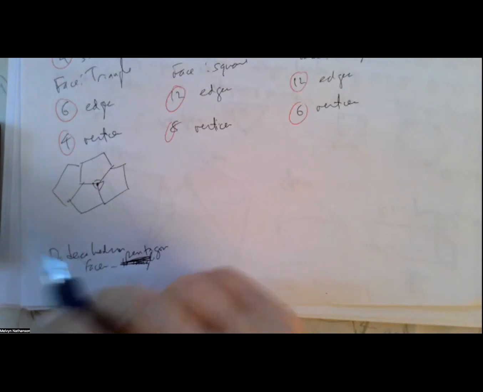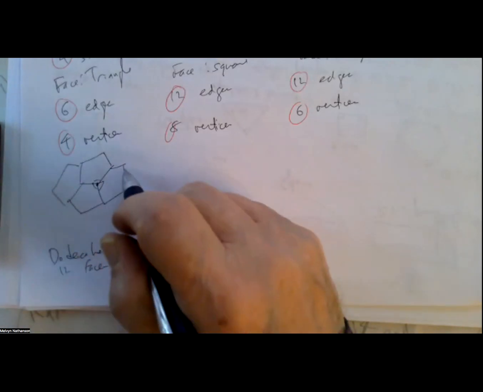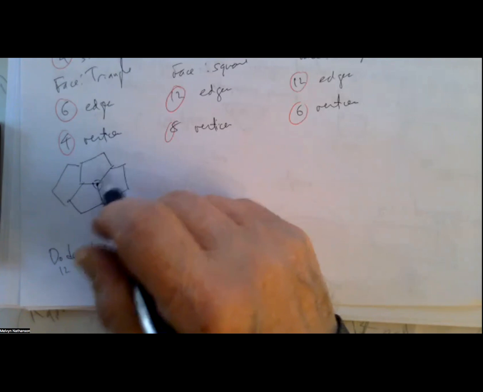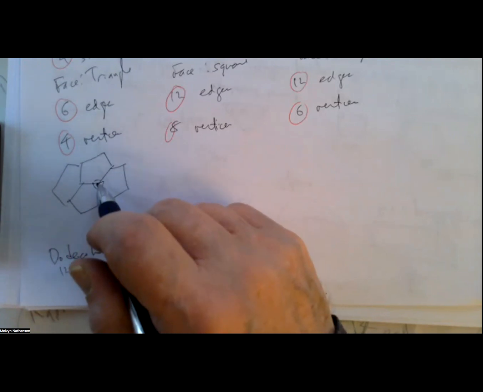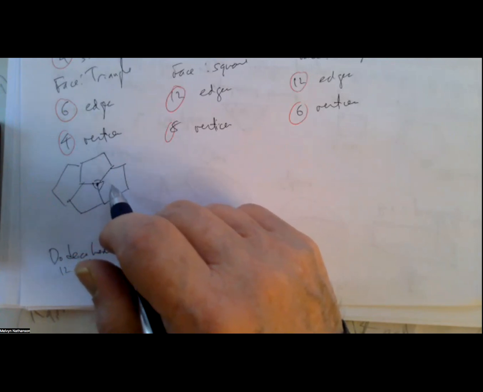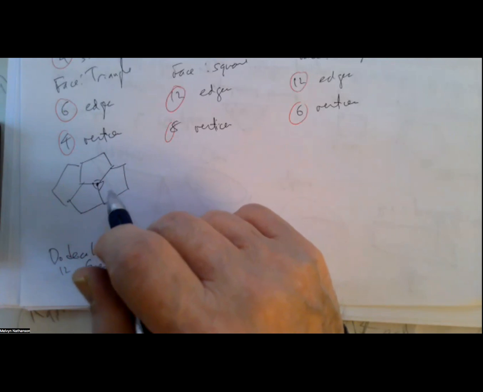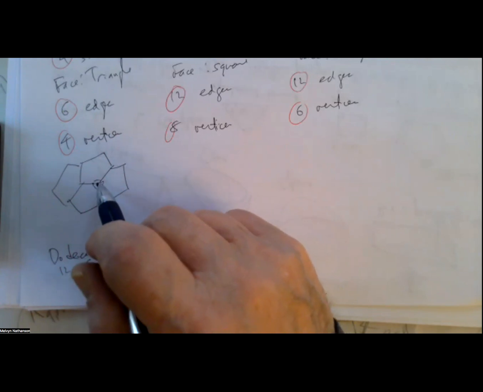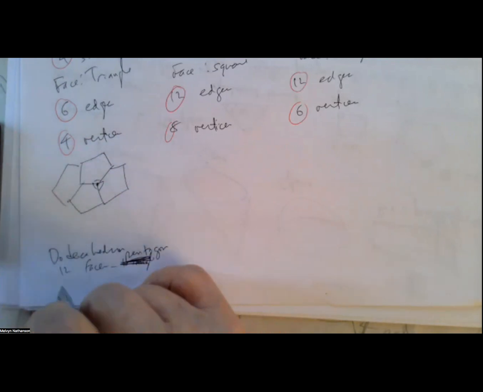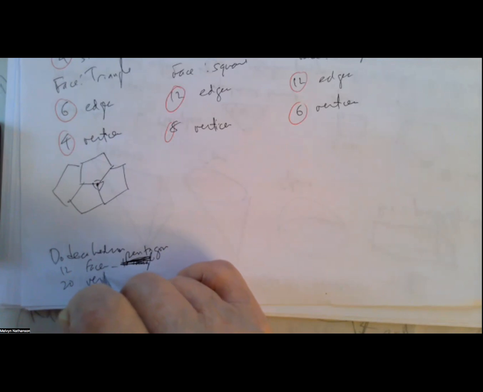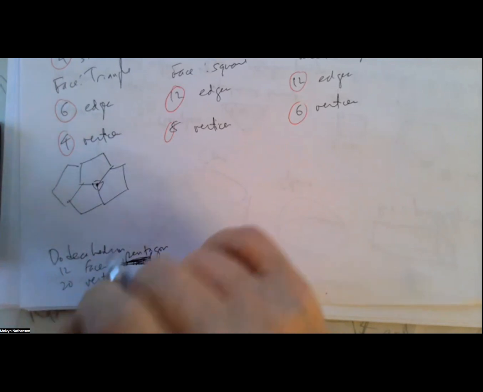If you know there are 12 faces, each face has 5 vertices. So altogether, if you looked at each face separately and counted the number of vertices, there would be 60 vertices. But you have 3 vertices coming together at each corner. So 60 divided by 3, you have 20 vertices altogether in this thing.